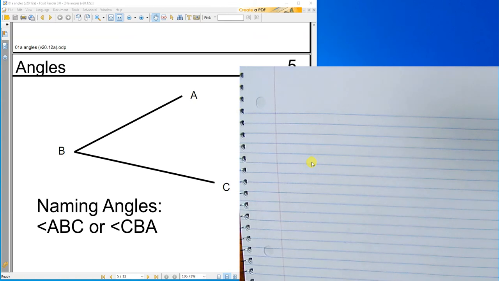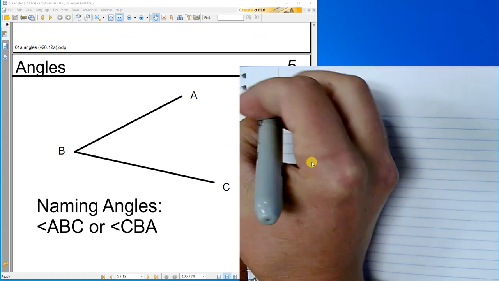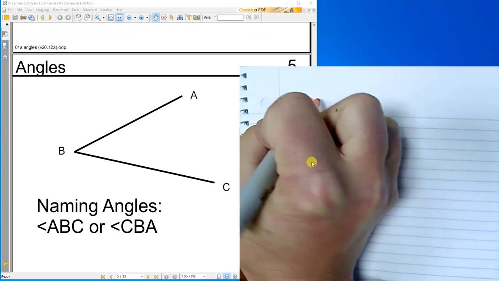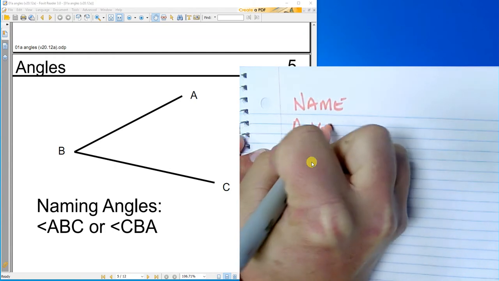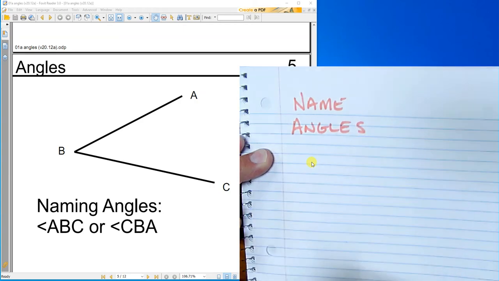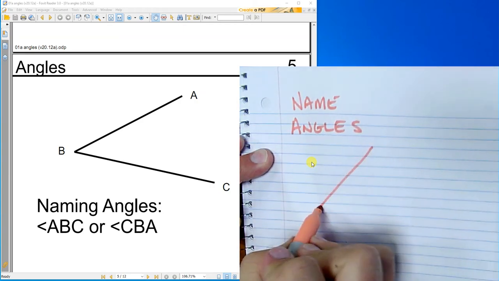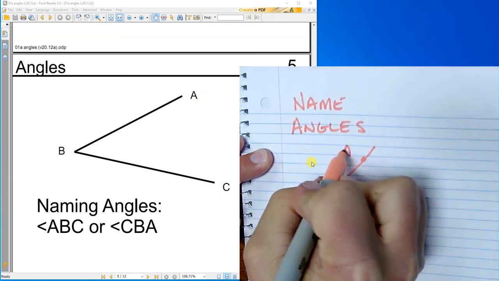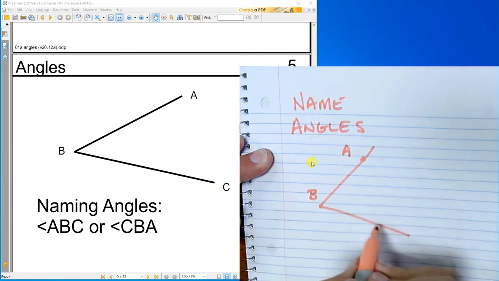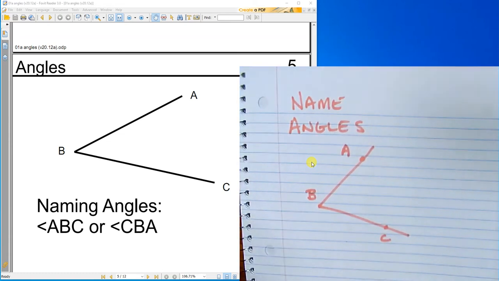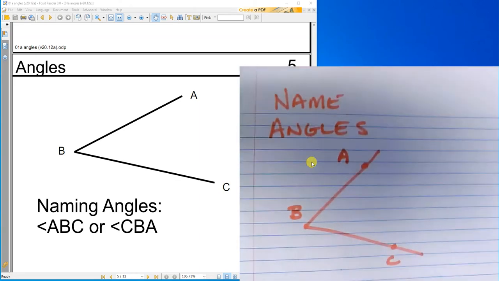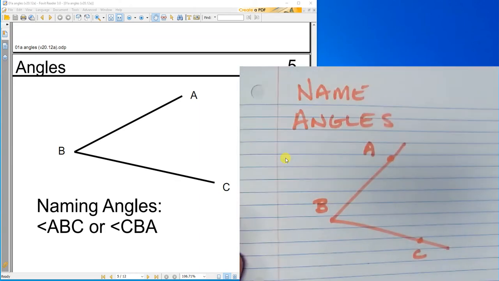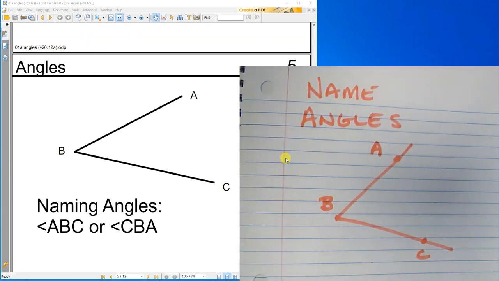So your name. And our title is angles. And so here's an angle. So with angle ABC, there are two ways we could look at this angle.